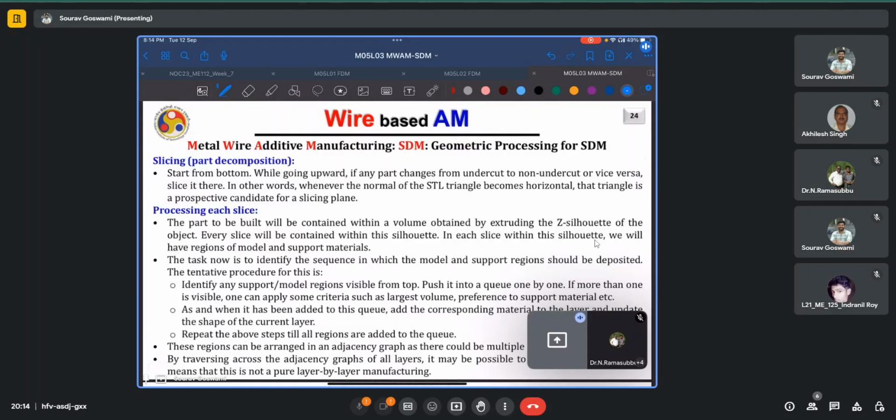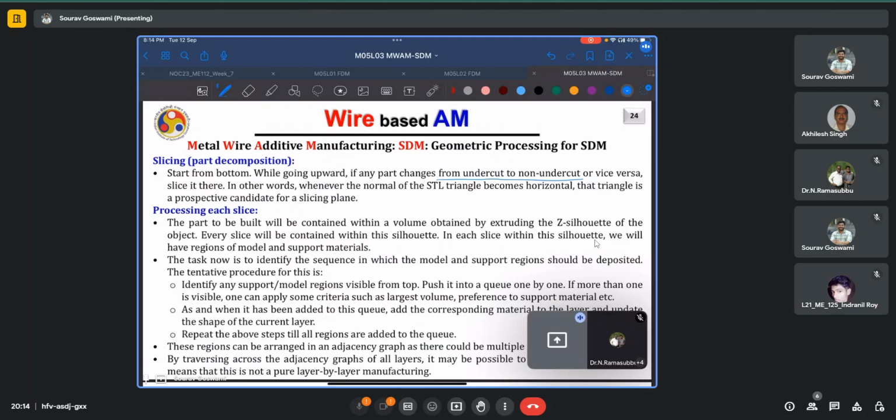So better than slicing, it is more prudent to call this process part decomposition. We start at the bottom, and while going upward, if we see that there is any change from undercut to non-undercut region, or for the case where we are looking at the change in overhang, so regions which would require overhang will have the facets or facet normals pointing downwards.